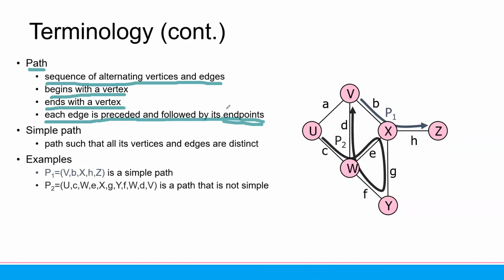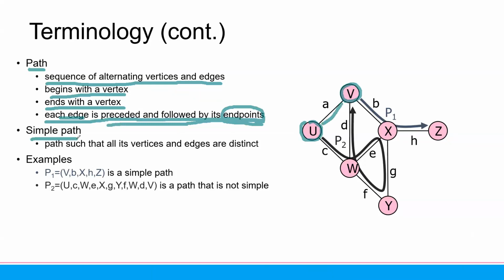Okay. So do you still remember what endpoints are? Endpoints are any vertex that lies on the edge. Okay. So every edge will be preceded and followed by its endpoints.